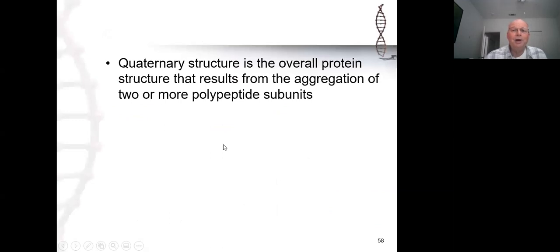But as we now know, many proteins are made up of multiple polypeptides. And this is where the quaternary structure comes into play. And there's a saying that I teach all of my classes that summarizes this, and it goes like this.